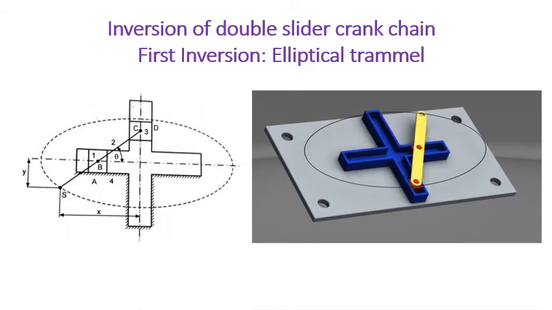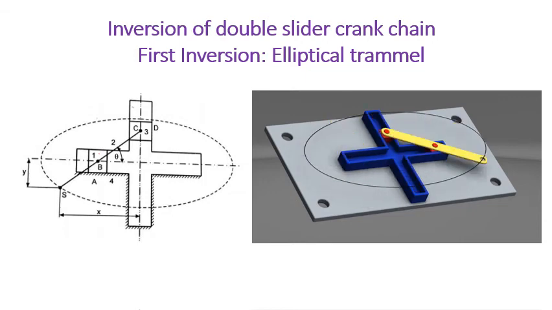This inversion is obtained by fixing link number 4, the outer slotted frame, which has two straight grooves perpendicular to each other. Link number 1 and link number 3, that is these sliders, slide in the slots provided in link number 4, corresponding to link number 2, a bar.